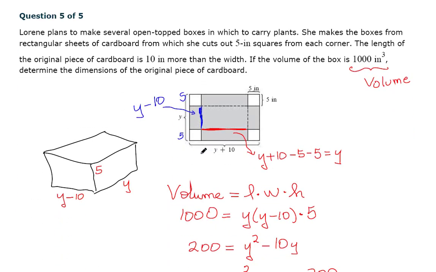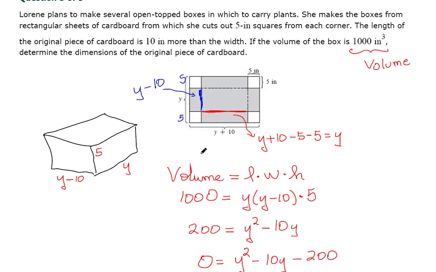All right, question 5. Question 5 can be complicated, so let's think about this. What's going on? We have a piece of cardboard, just an ordinary piece of cardboard. So let me draw my piece of cardboard over here. What do I want to do?